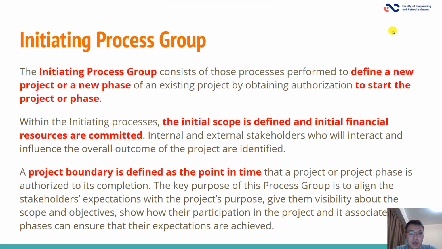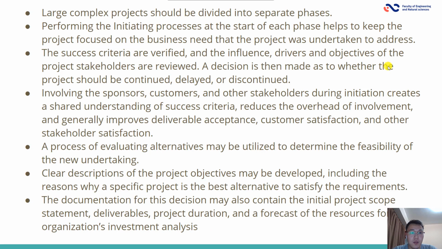A project boundary is defined as a point in time that a project or project phase is authorized to its completion. Large complex projects should be divided into separate phases. A process evaluating alternatives may be utilized to determine the feasibility of a new undertaking.